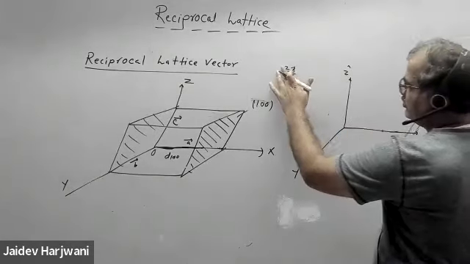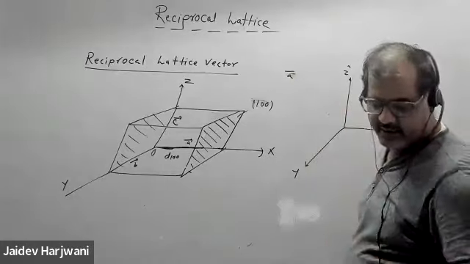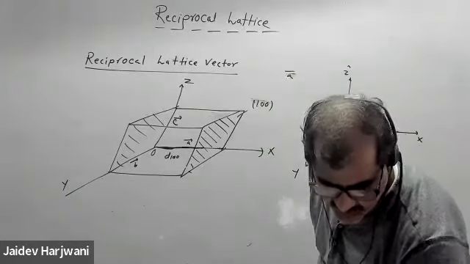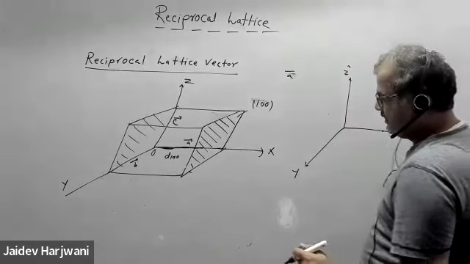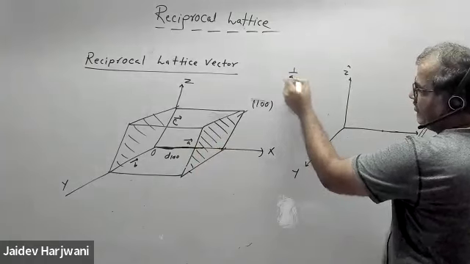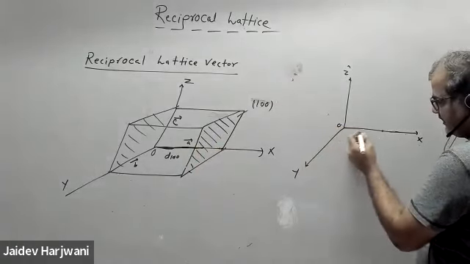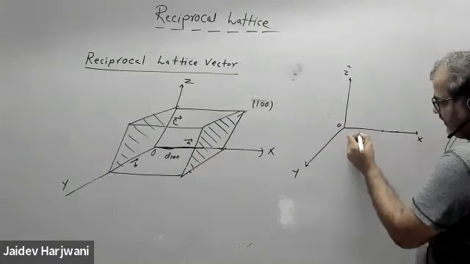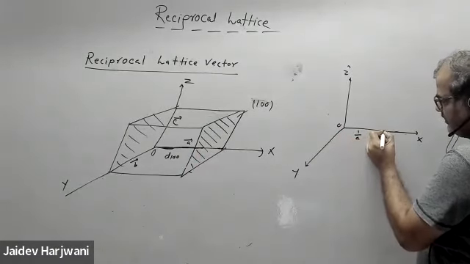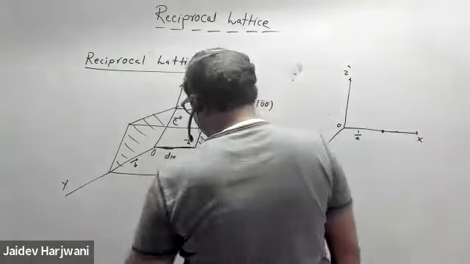Now 2 pi is generally your scaling factor. In general, for the reciprocal lattice the distance will be 1 by a. If I take the origin and take the distance 1 by a, this will be my reciprocal point.